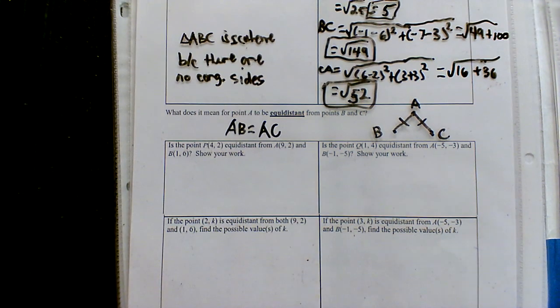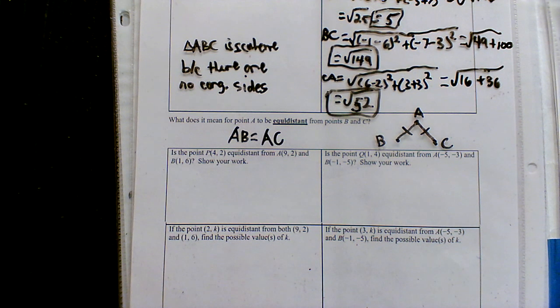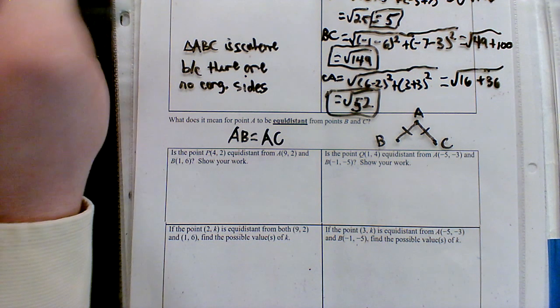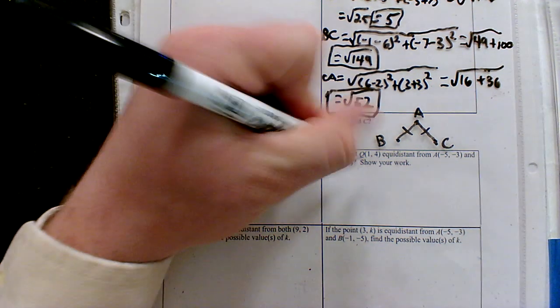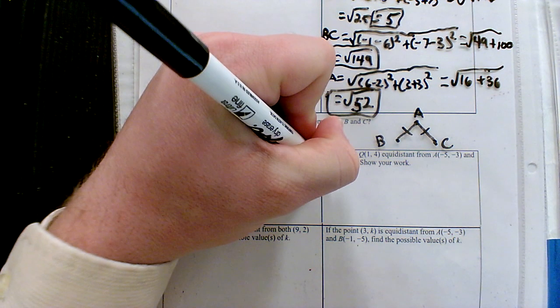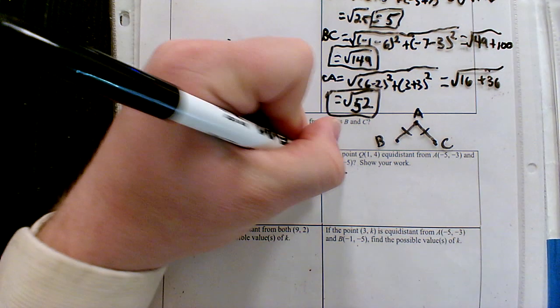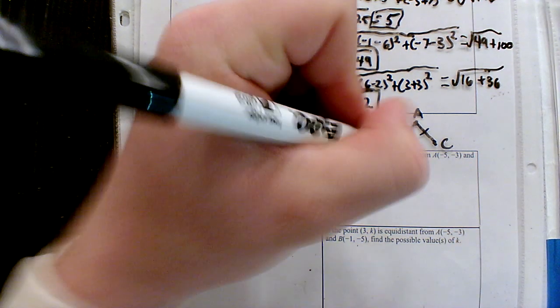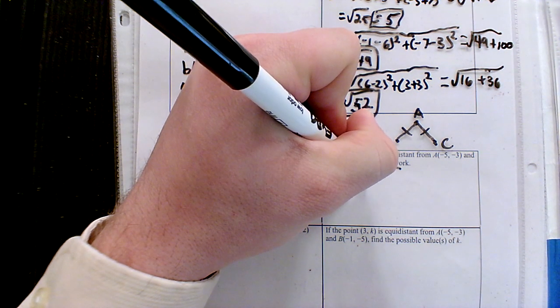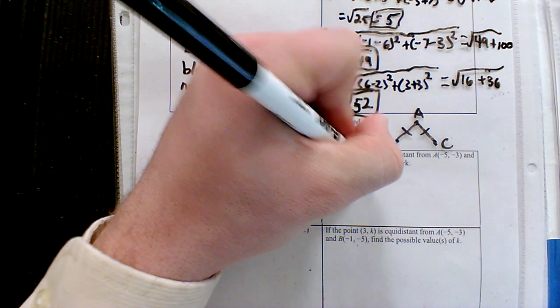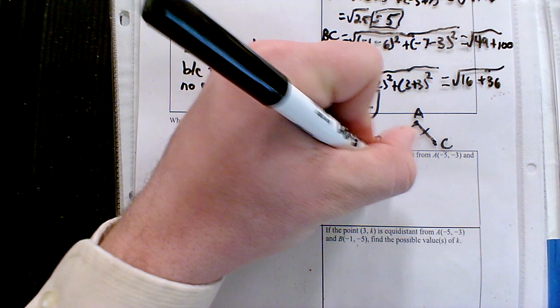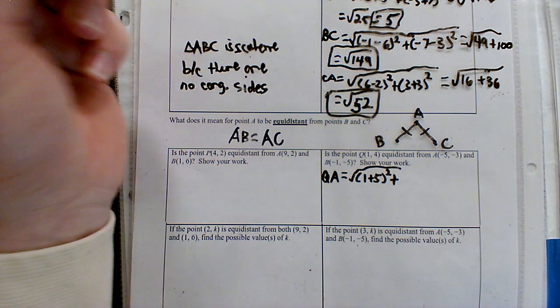All right. Is the point Q (1, 4) equidistant from A (negative 5, negative 3) and B (negative 1, negative 5)? Show your work. So from Q to A and Q to B. So we're going to start with QA. So Q's x value is 1. 1 minus negative 5, that becomes plus 5. Then we'll do our y values.